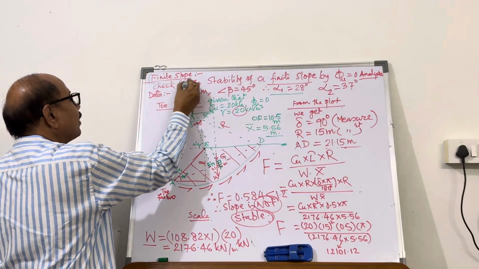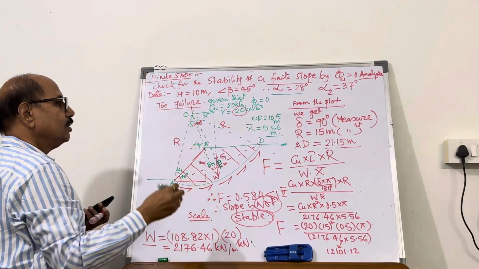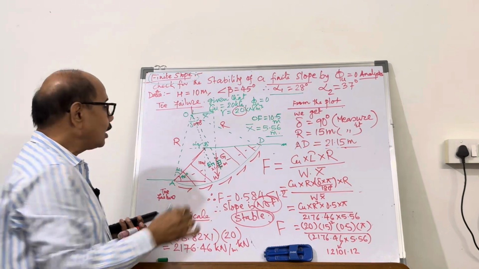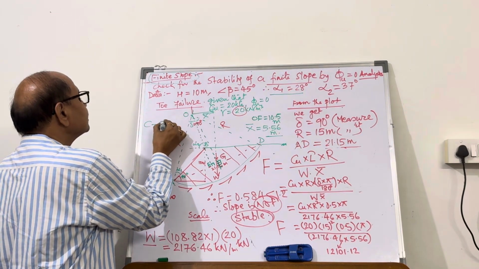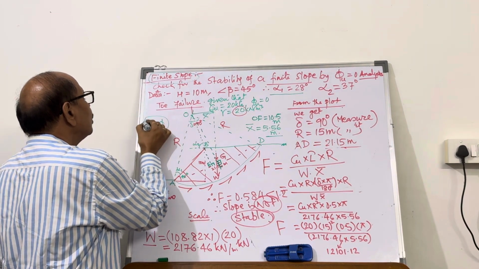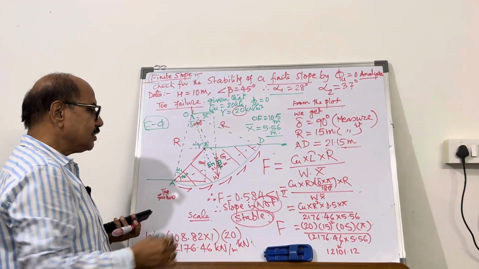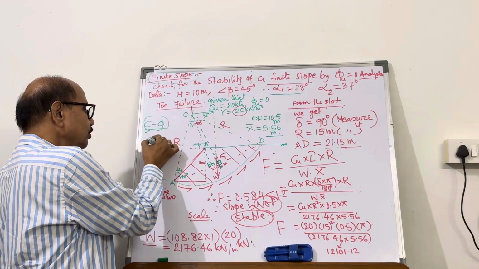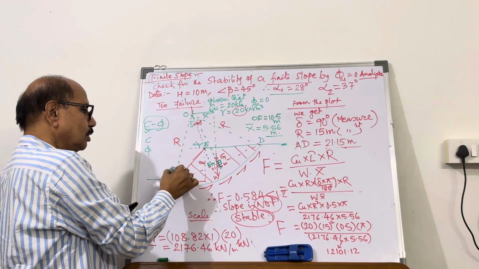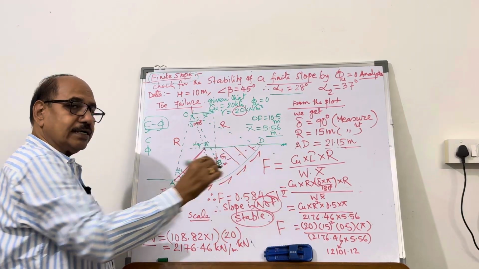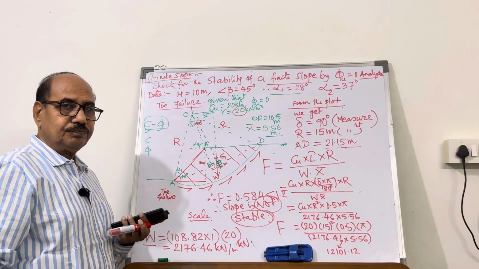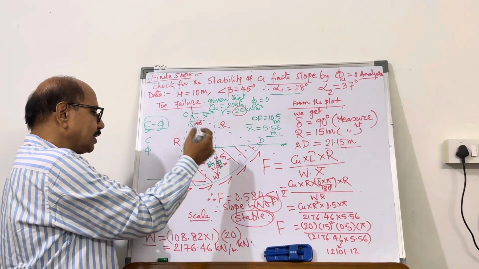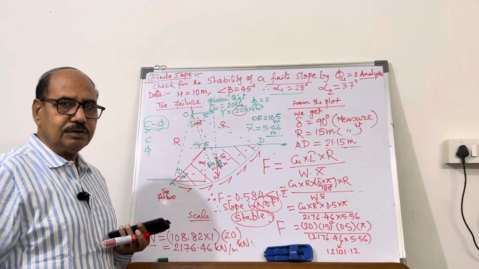Any problem on finite slope you can do it, whether it is phi u equal to 0 analysis or it is C phi analysis. If it is C phi analysis, both C and phi value will be given to you, and you will have to divide it into at least 5 slices, and the weight of each slice you will have to find out.